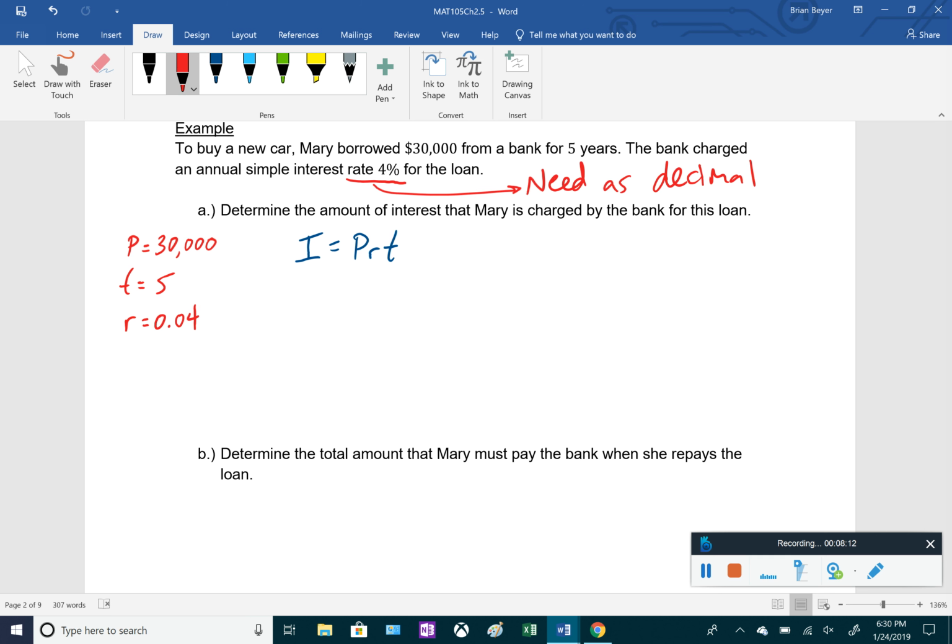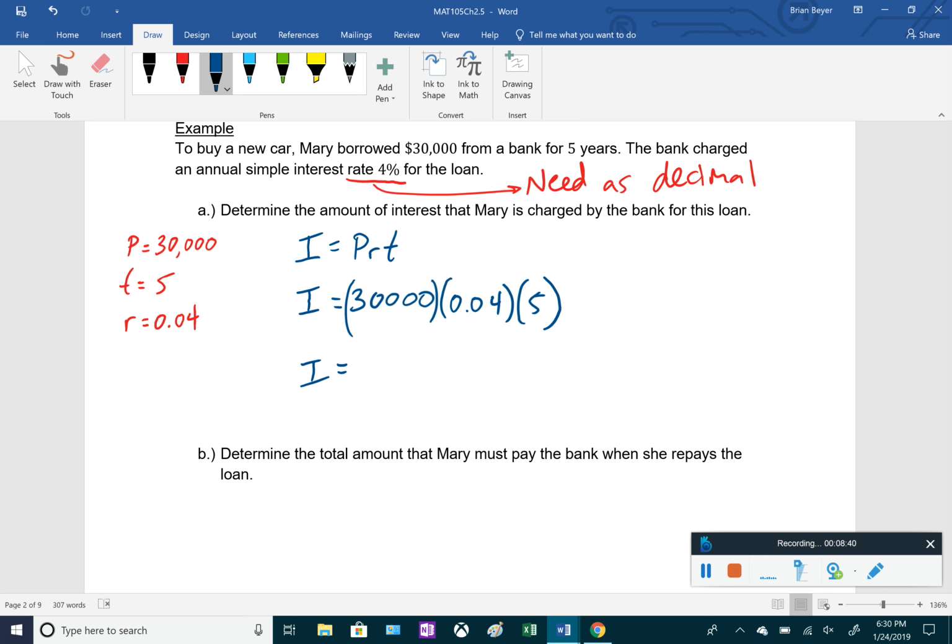Okay, so let's plug all these in. Now it's just plug and chug. So it's going to be I equals 30,000 times R, which is 0.04, times T, which is 5.